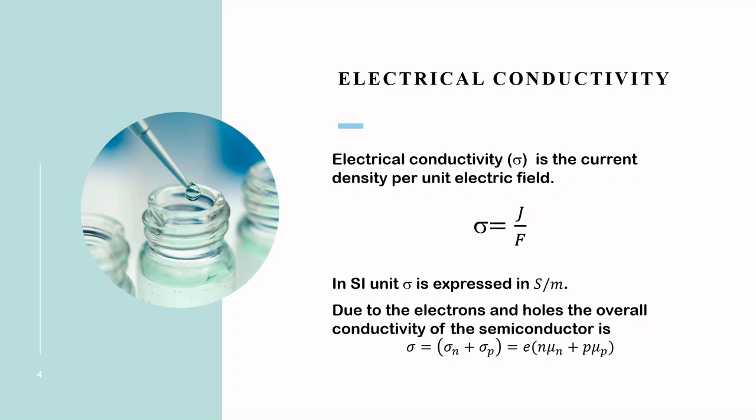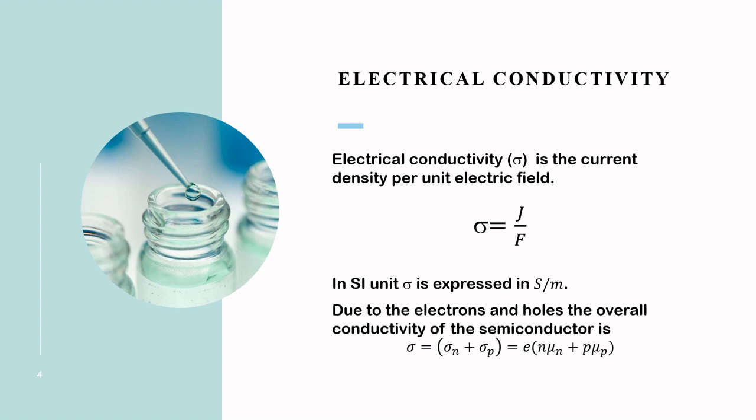Due to the electrons and holes, the overall conductivity of the semiconductor is sigma equal to sigma n plus sigma p. Sigma n is the electrical conductivity for electrons and sigma p is the electrical conductivity for holes.